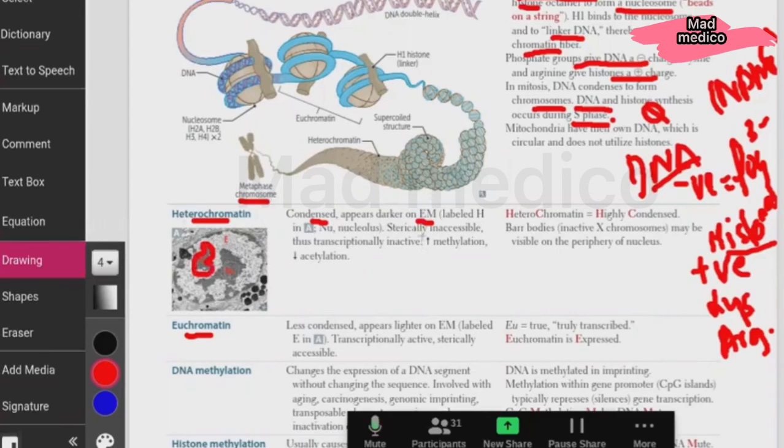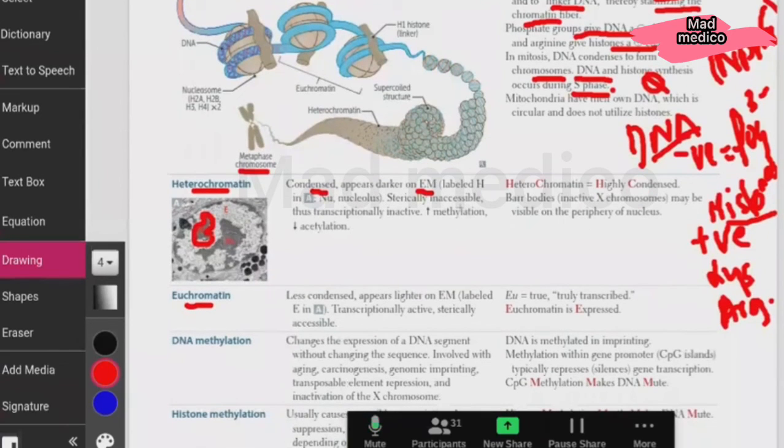It's sterically inaccessible, meaning that heterochromatin is basically inactive. If the genes in the DNA decide to form a protein, going through transcription and translation, this will not happen because heterochromatin is inaccessible.